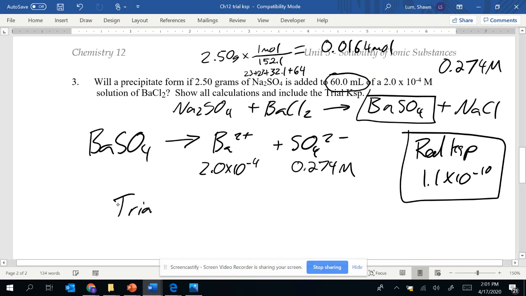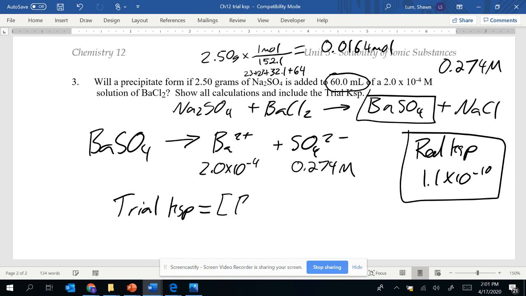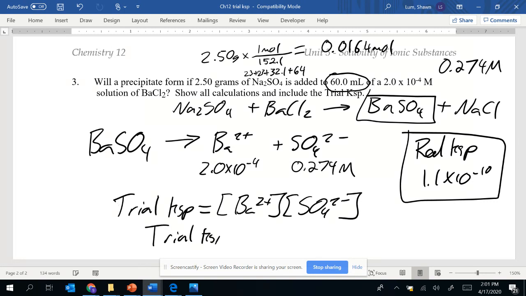So trial KSP equals the concentration of Ba2 plus times the concentration of SO4 2 minus. Trial KSP equals 2 times 10 to the minus 4, I should have written 2.0, times 0.274.